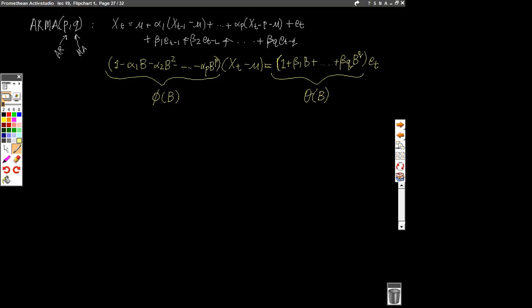If this characteristic equation satisfies the condition of stationarity, then you know that the ARMA process is also stationary, because we know that the MA part is nevertheless going to be a stationary process. So you just need the roots of these characteristic equations to be greater than 1 in absolute terms, right?